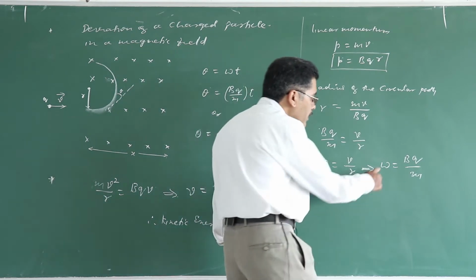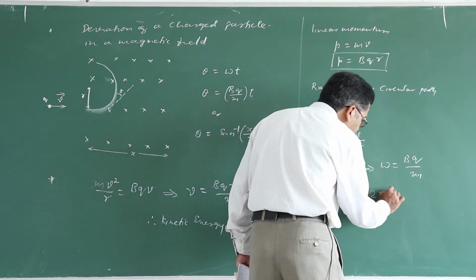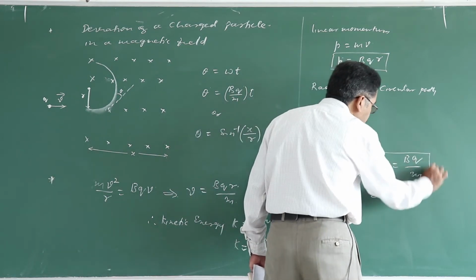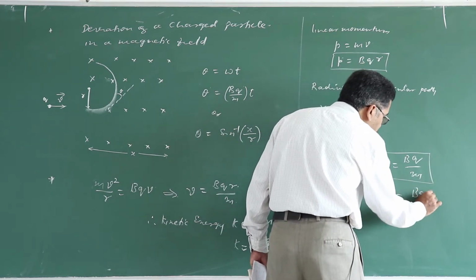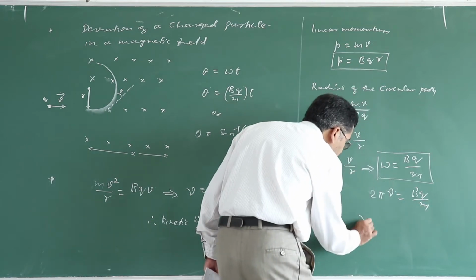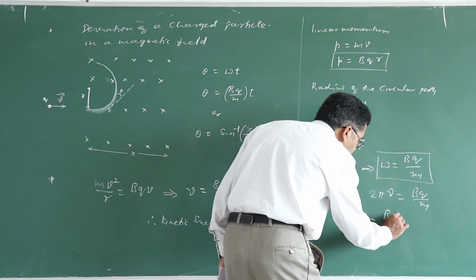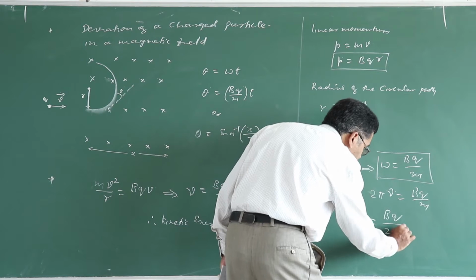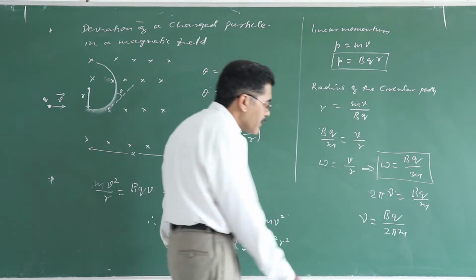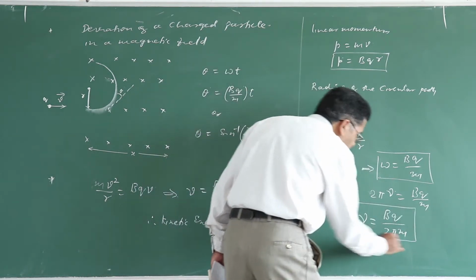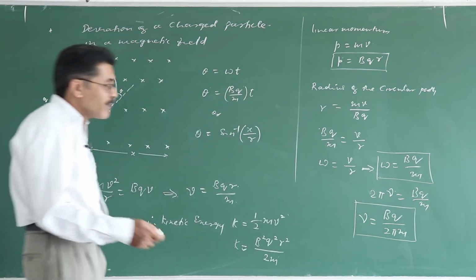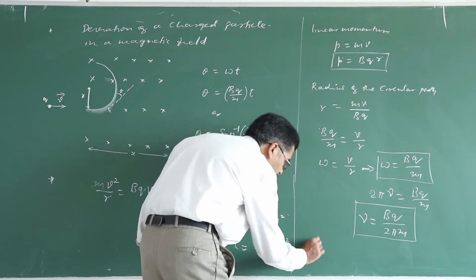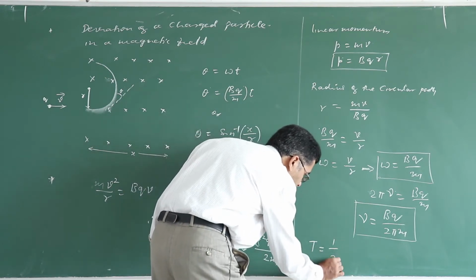You know that omega is given by 2 pi nu. Therefore, 2 pi nu is equal to Bq by m. Therefore, the frequency is given by Bq divided by 2 pi m. This is the frequency of revolution. The period of revolution is given by 1 by nu.